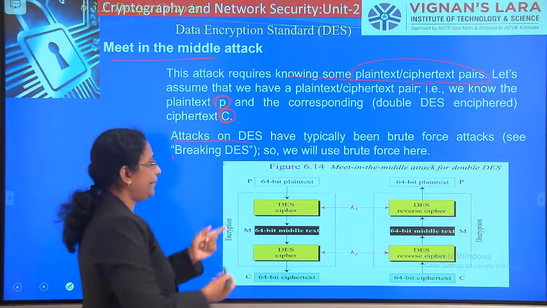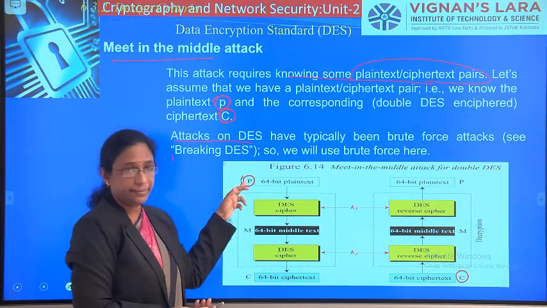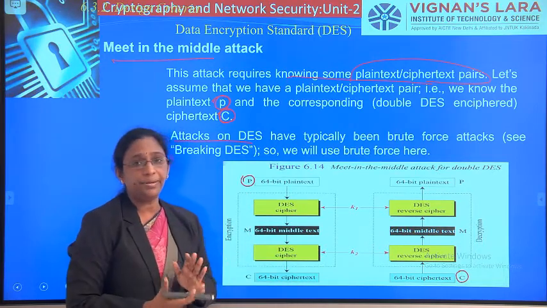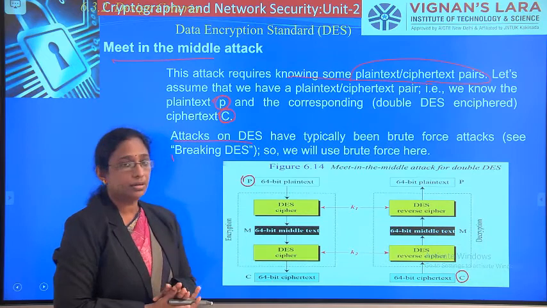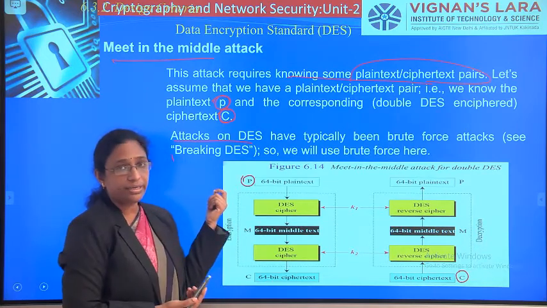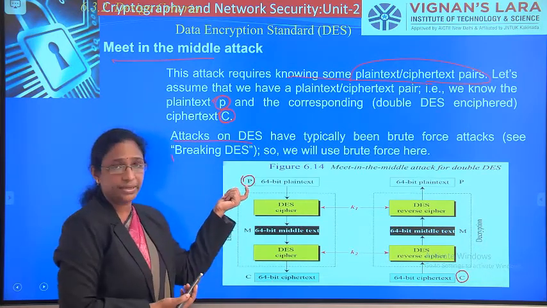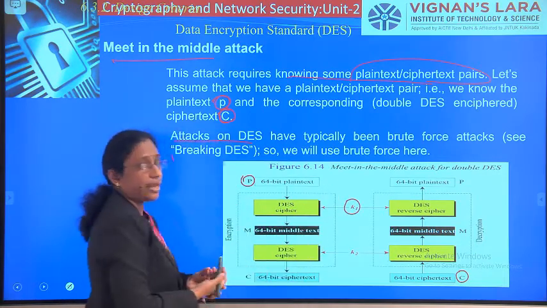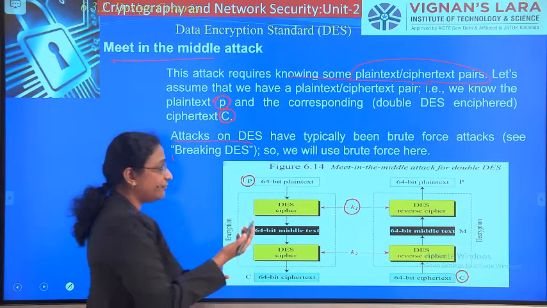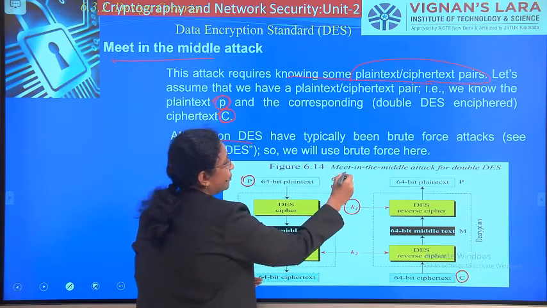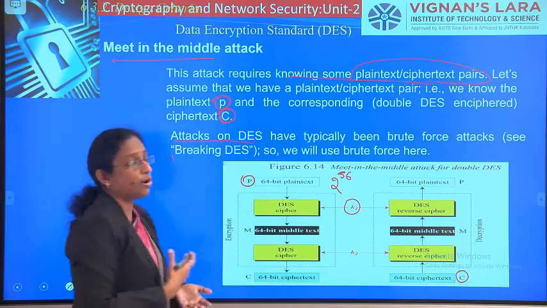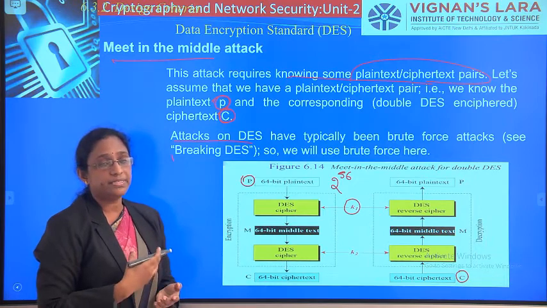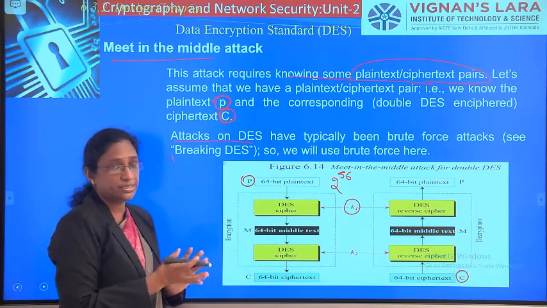Let P be the plain text and C the ciphertext. The attacker takes the plain text P and checks all the possible keys. Since the K1 key size is only 56 bits and he is applying the brute force attack, he checks all 2 to the power of 56 possible keys.